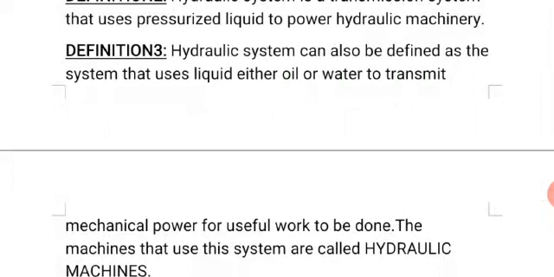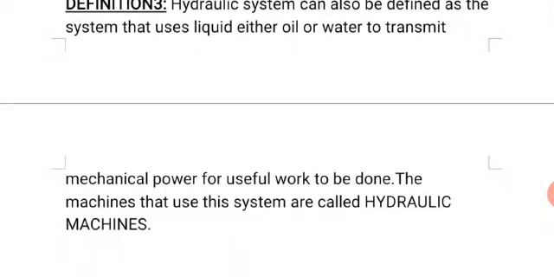So it's not compulsory that we should memorize any of the three definitions. We can infer our own definition and put it down in a way that it will reflect the correct definition of a hydraulic system.